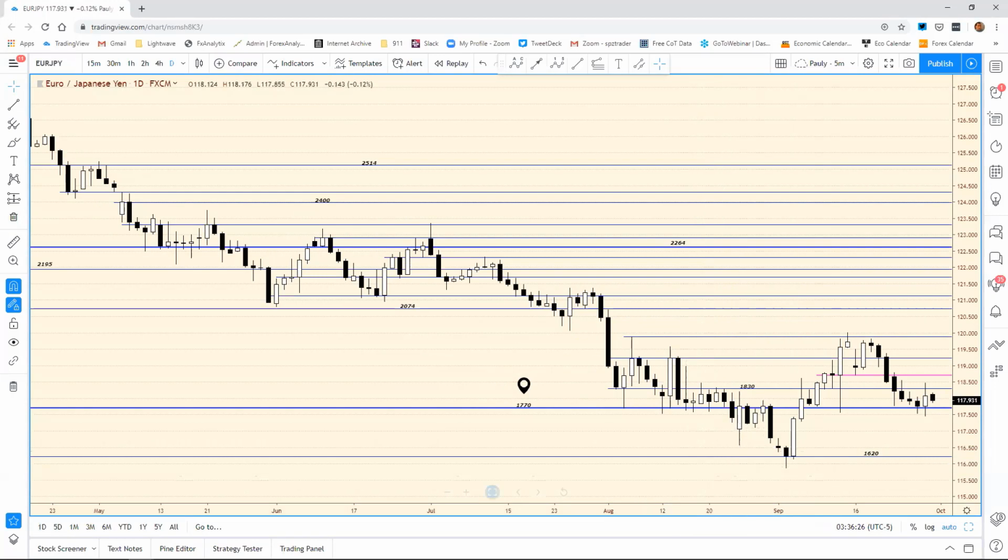Trading in a fairly tight range here in the euro yen. Bear with me, it's running slow.